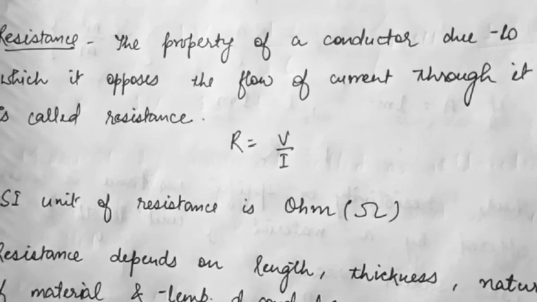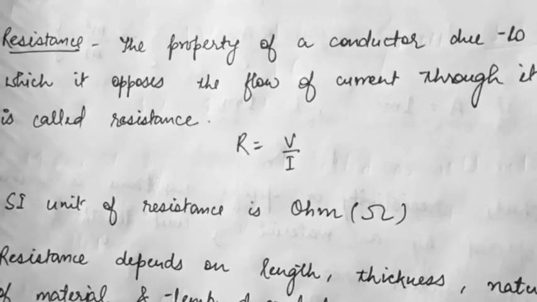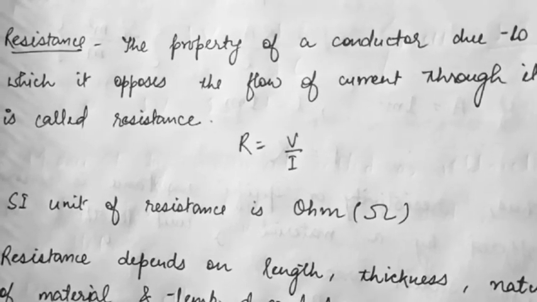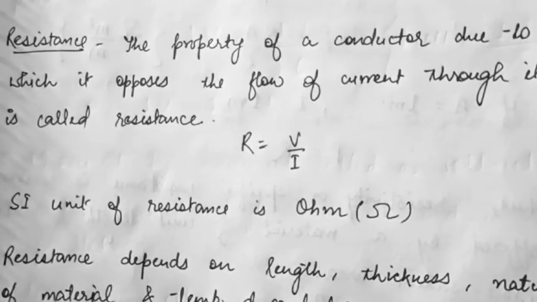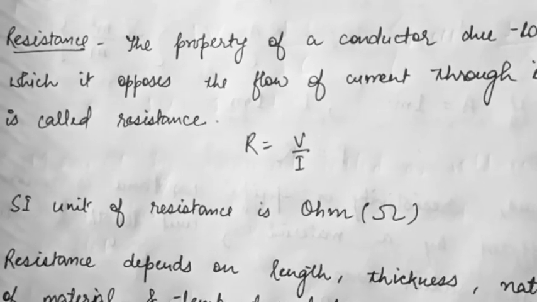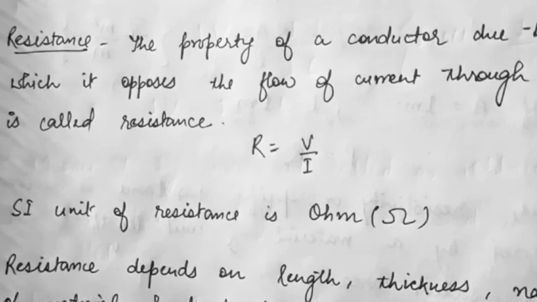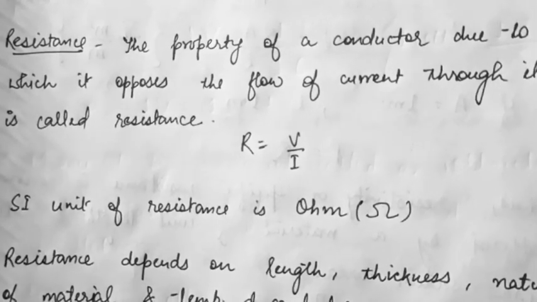From Ohm's law we get the formula R is equal to V upon I, and the SI unit of resistance is ohm, with its symbol given in brackets. The resistance depends on certain factors: length, thickness, nature of the material, along with the temperature of the conductor.